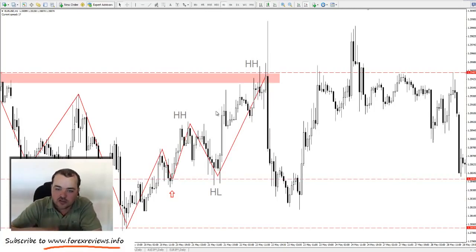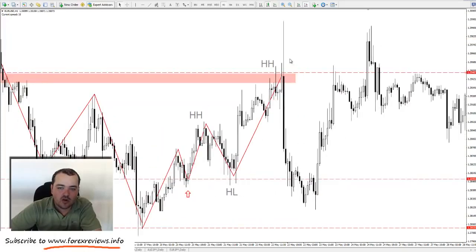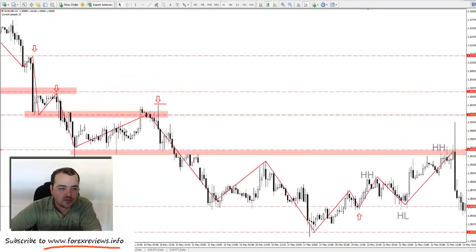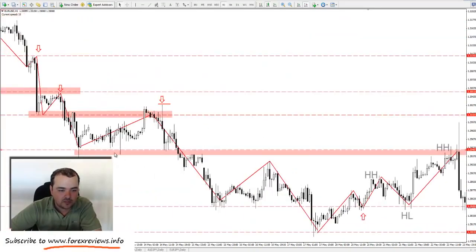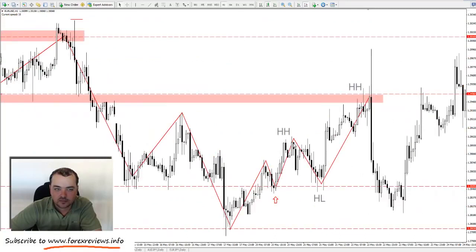Now, you don't have to take these. You can just follow the trend. But if you do feel like the market has moved high and it's due for a nice pullback, these are the sort of areas to go for. If you look left, right, you got this low here, and then you've got this strong low here, and then it makes sense that the market will pull back from that low.